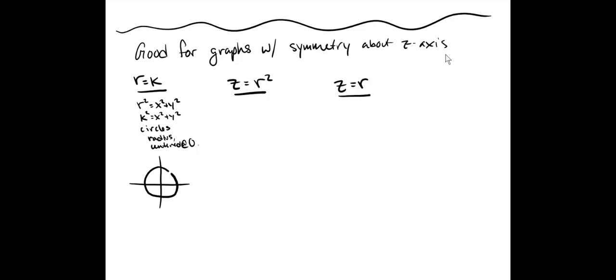Something that has a fairly complicated equation in x and y coordinates, x squared plus y squared equals k squared, becomes very simple now in polar coordinates. That's what I've drawn here.